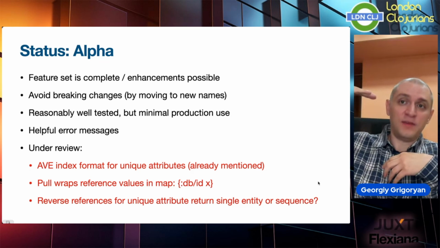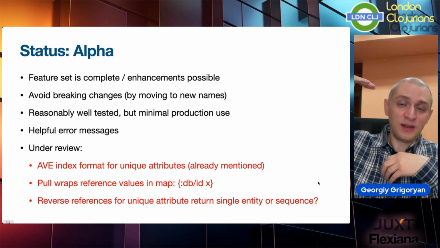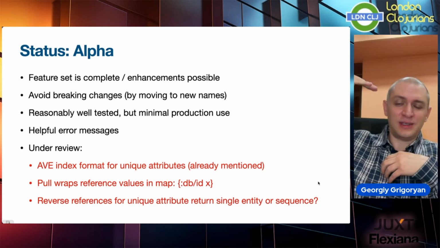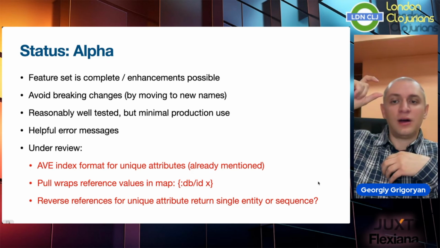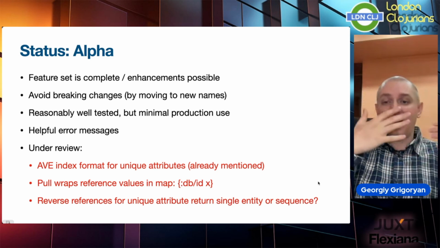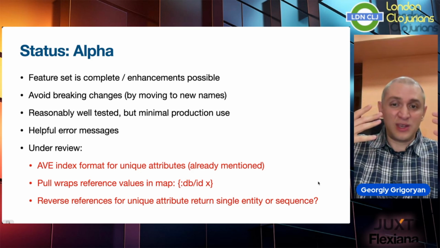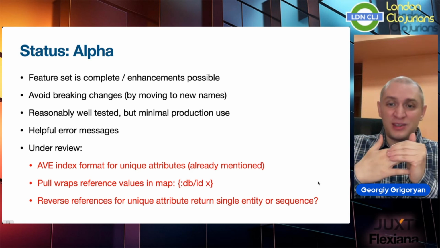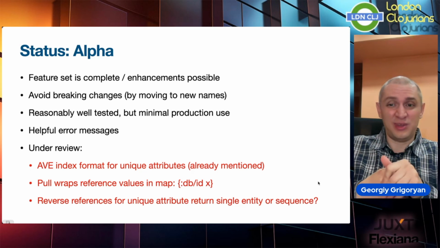But if it's cardinality 1 and unique, then there can logically only be one entity. So it doesn't need to be a sequence, it can just be that ID. However, we have the same problem. If it goes from being unique to non-unique or the other way, the underlying query, like the pull query in this case, breaks. And that's annoying. So maybe I'll change that. I think it probably makes sense to not do that.